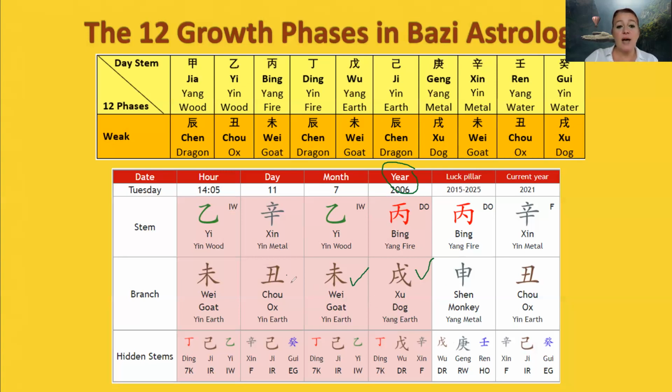Now, if you happen to have it in the day, if the weak phase is in the day, then your path to success is to follow procedure. You don't get over ambitious and do things that are out of your comfort zone, because this is not really you.